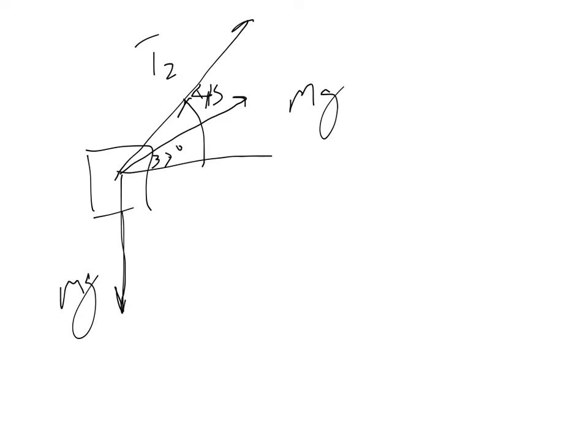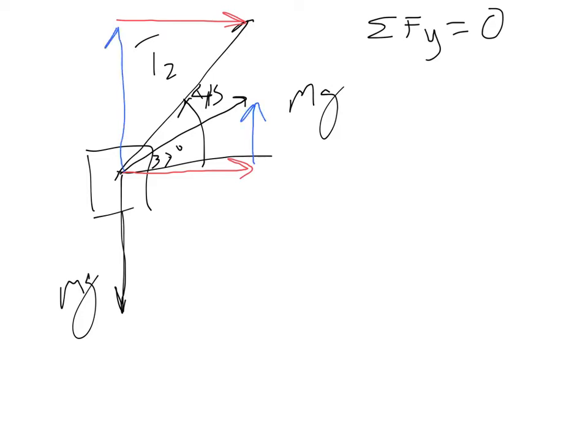Now we just have to sum the forces, and the sum of the forces in the y we know to be what? The two vectors can be broken up into those pieces. Does that make sense?